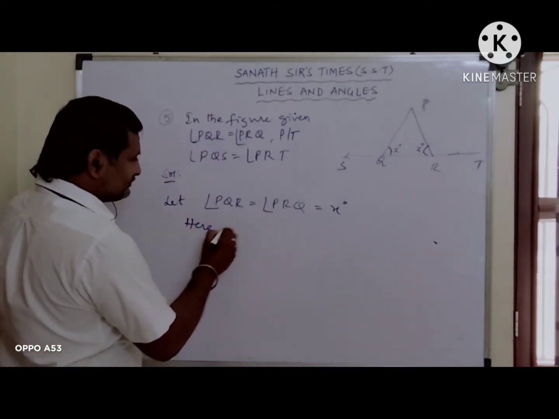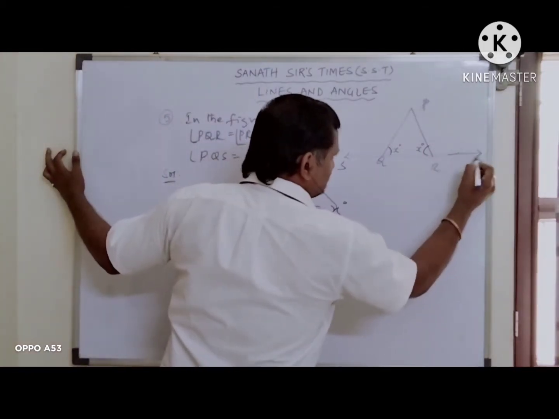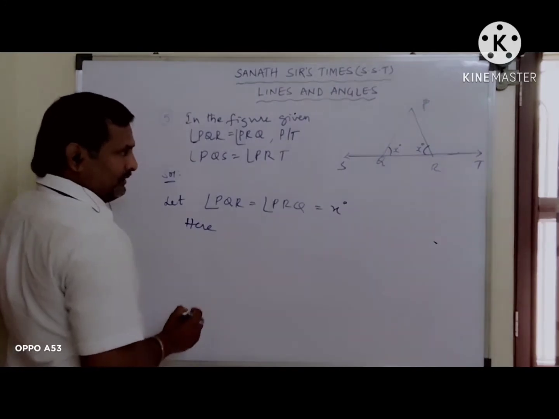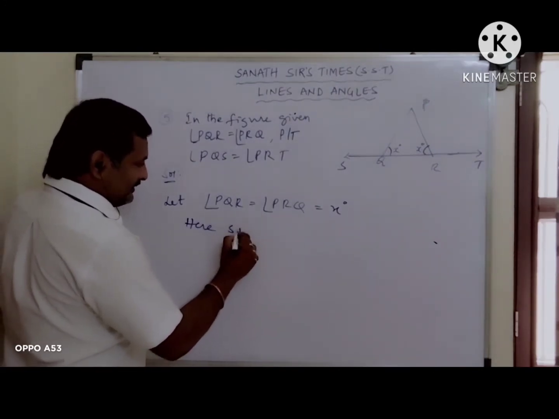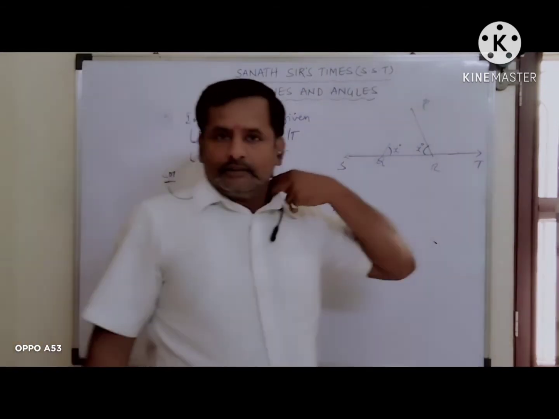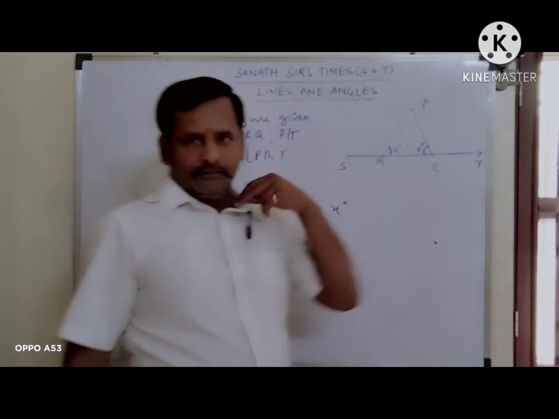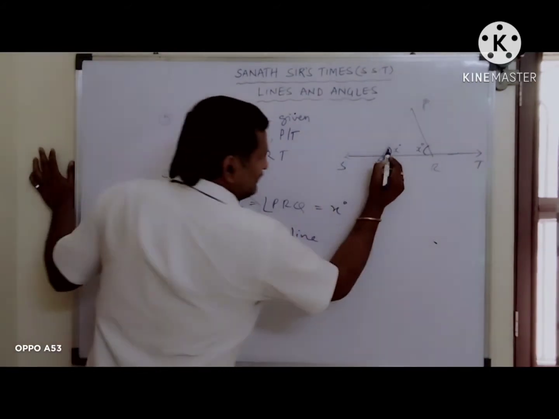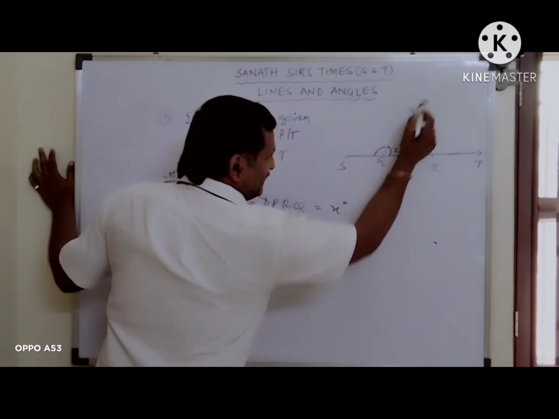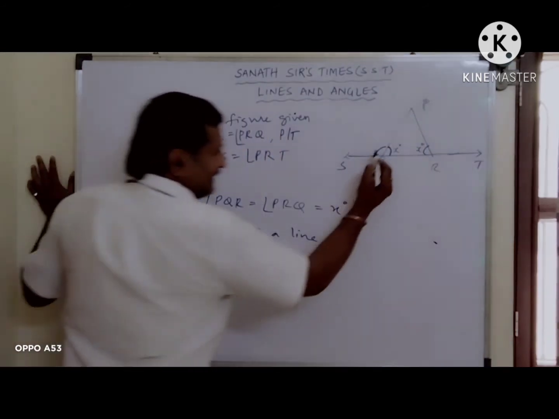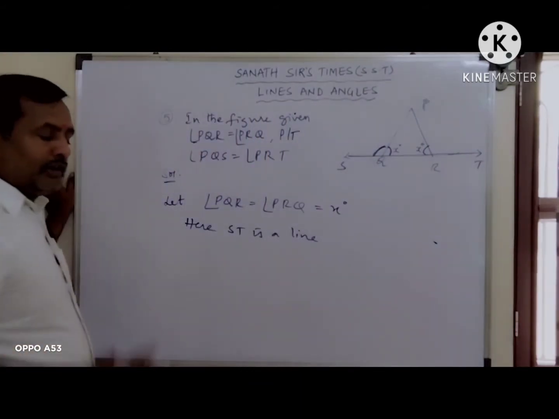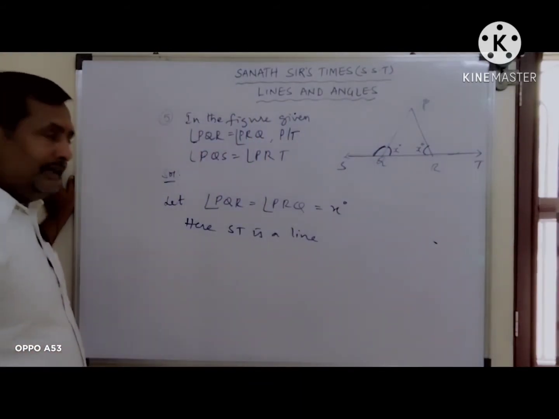Here ST is a straight line, right? So ST is a line. So you know that the angle on a straight line is 180 degrees. This angle x plus this angle, which is nothing but PQS, both are forming a linear pair.